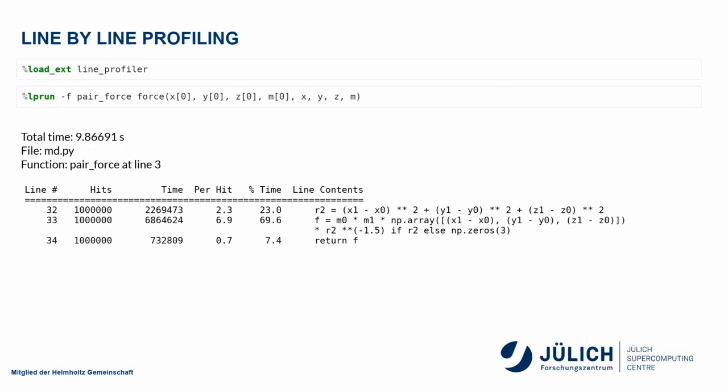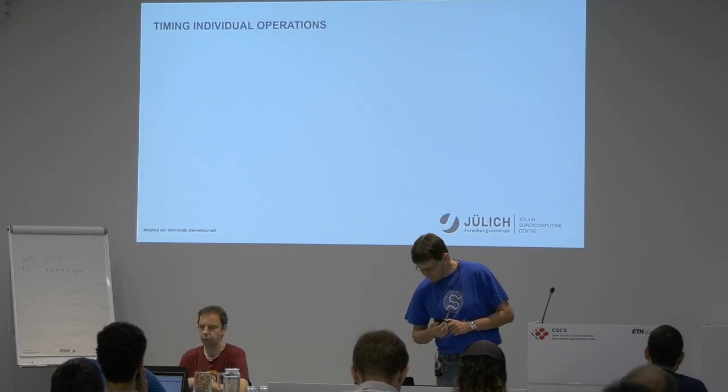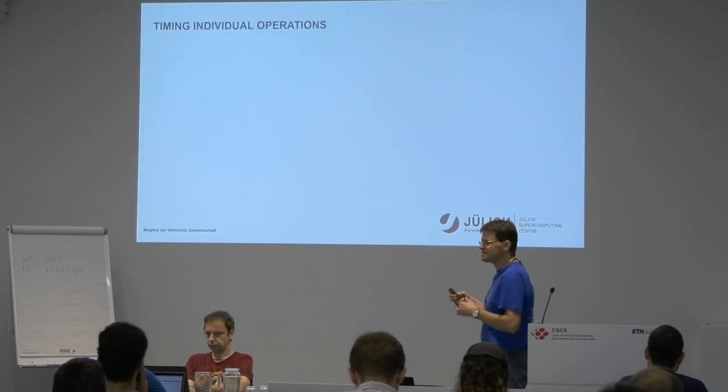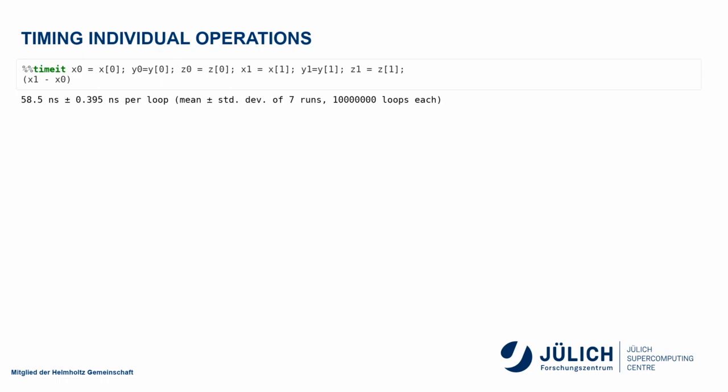Well, let's first look at the distance, because it's actually a fairly simple calculation. And let's see how these individual routines fare when we do the calculation. Now we come back to TimeIt.